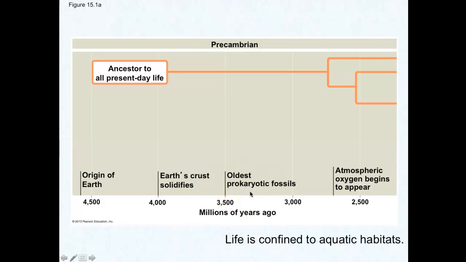So what's interesting is that some people think that the Earth's atmosphere, because so much of life depends on oxygen, might have been based on oxygen, but it wasn't. So these prokaryotic cells actually began to metabolize the chemicals in the atmosphere and in the water, but the atmosphere didn't have the oxygen content it does now.